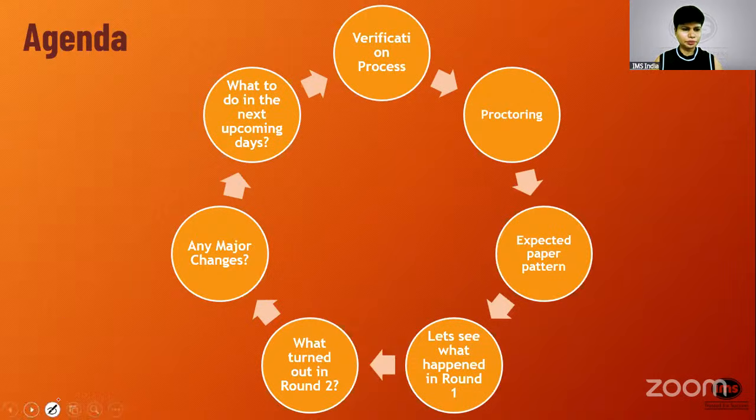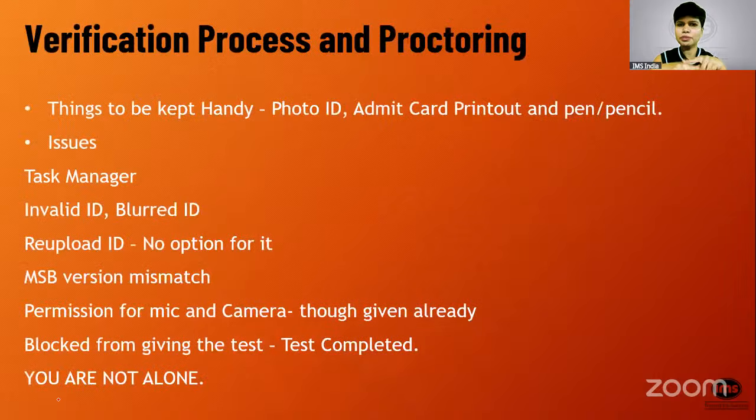So first of all, the verification process. The moment you went inside, you were supposed to fill in a few details, such as which course, your application number and all of that. Once that was filled in, you had to upload your photo ID. The things you needed to keep handy were your photo ID, your admit card printout, and a pen or pencil.